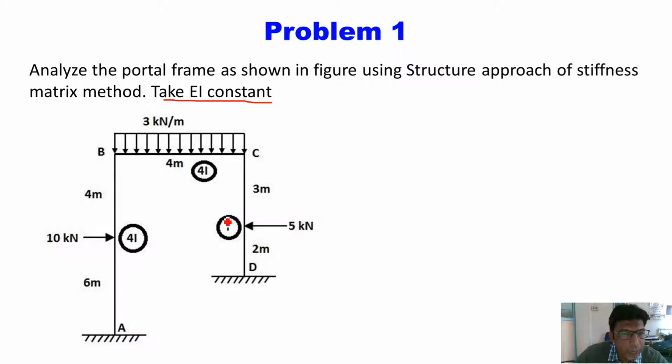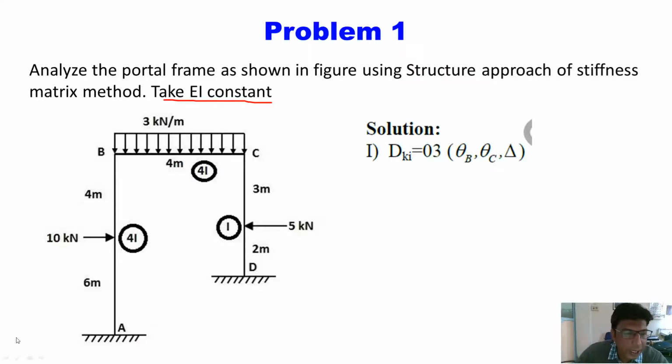It is I for the right column, that is CD, 4I for the left column, that is AB, and 4I for the beam, that is BC. We know that the procedure or steps of solution for this structure approach are similar to the beam. The very first step is to find out the degree of kinematic indeterminacy.